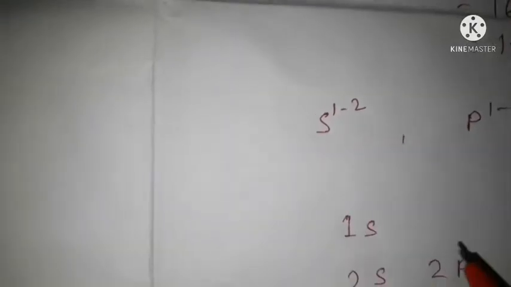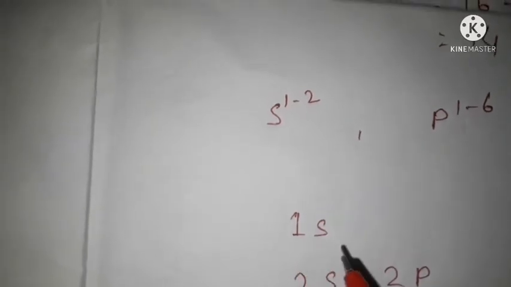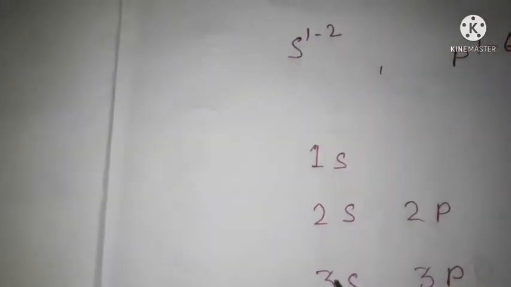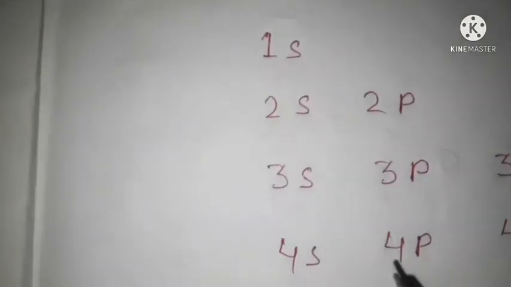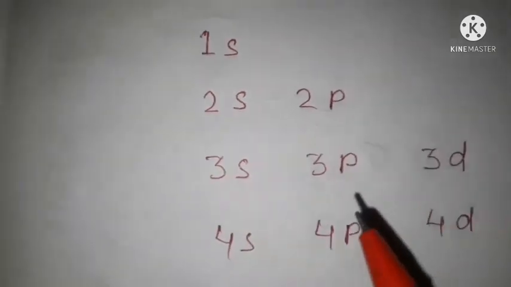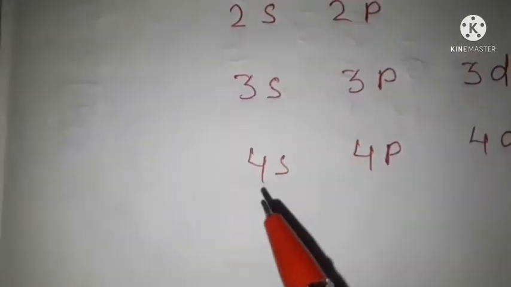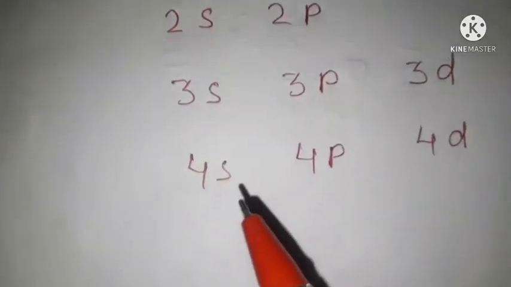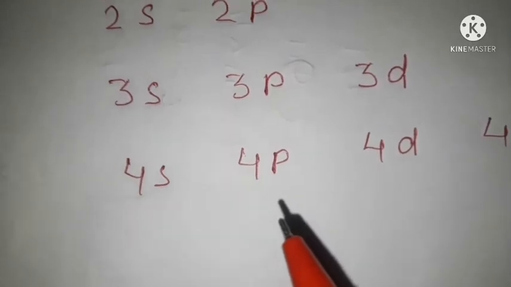Now we arrange the various subcells: in the K cell, 1, there is only one subcell, S. In the L cell, S and P subcells are included. In the M cell, that means 3, S, P and D subcells are available. And in cell 4, that means N, S, P, D and F subcells exist.